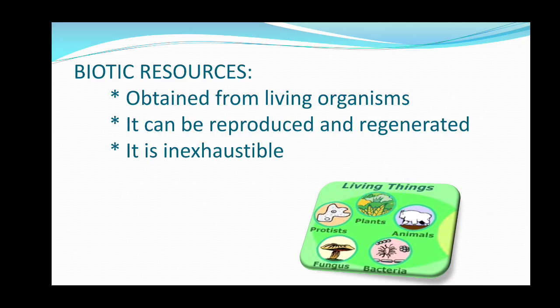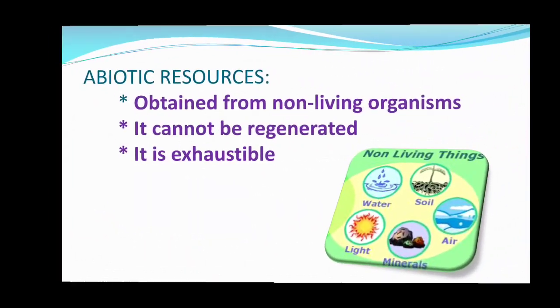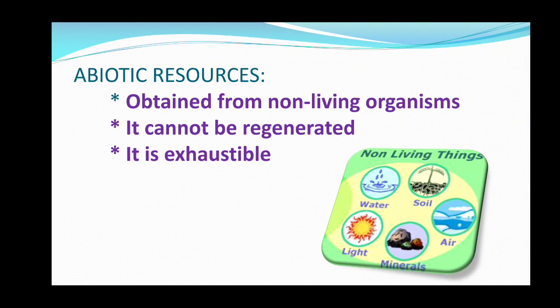And next comes abiotic resources. As I said, biotic resources are obtained from living organisms. Opposite to that are abiotic resources. They are obtained from non-living things, and they cannot be regenerated.